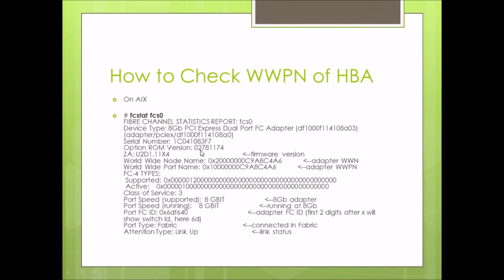Then if you have an AIX machine, on AIX the command is fcstat fcs0. Basically, this is the logical name of the HBA card. This is fiber channel SCSI. And if you have multiple ports, in that case you just have to give the port number over here.